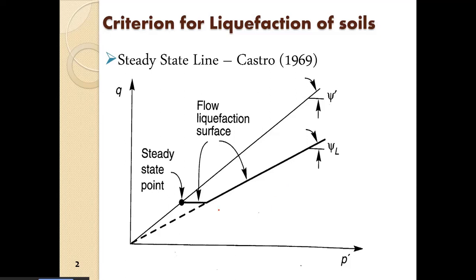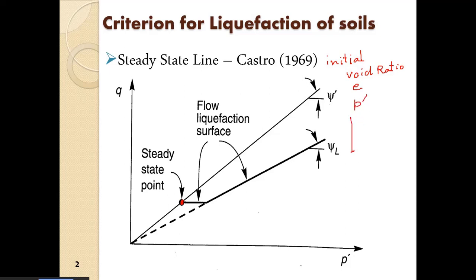So at the last part of the class, we came to the conclusion that the steady state point is defined by the initial void ratio, the e value, and the initial effective confinement, so p dash.